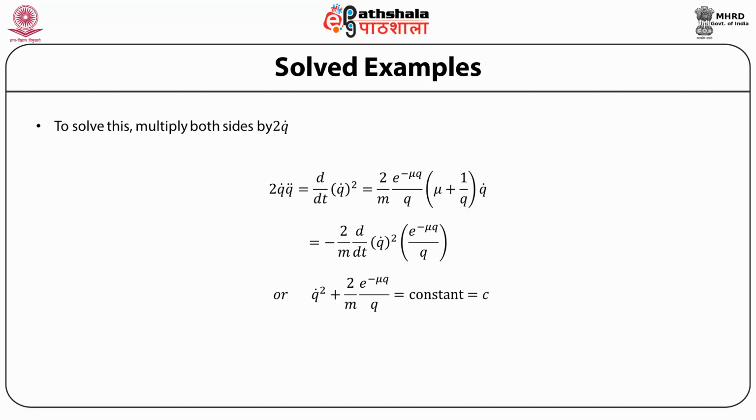On the right hand side, we have 2 by m exponential minus mu q by q into mu plus 1 by q, times q dot, which can also be written as 2 by m, a time derivative d/dt of e to the power minus mu q by q. So we have now this equation which can be easily integrated. So we get q dot squared is equal to minus 2 by m exponential minus mu q by q plus a constant.